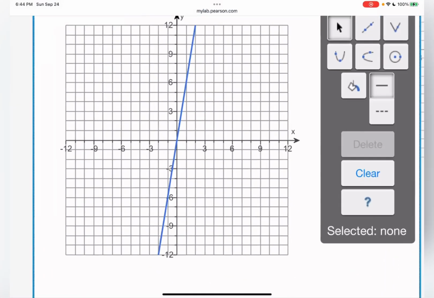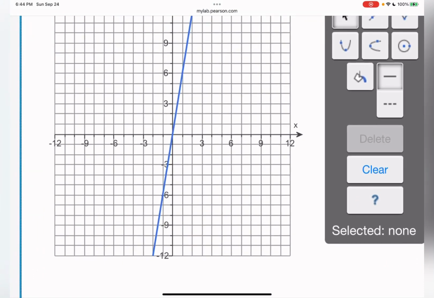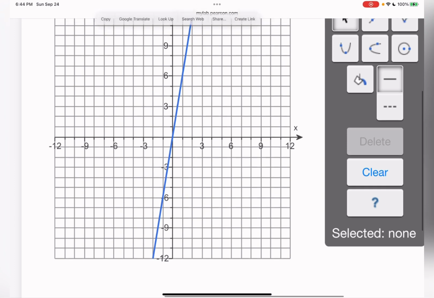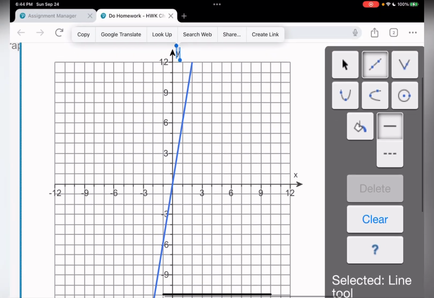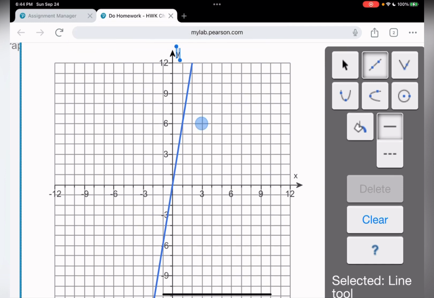So what point am I going to take? Let me take this point.